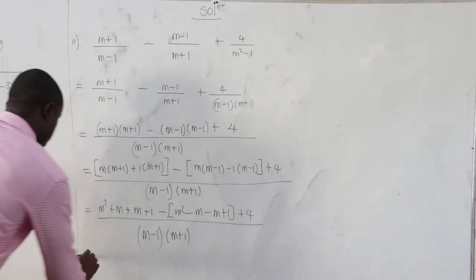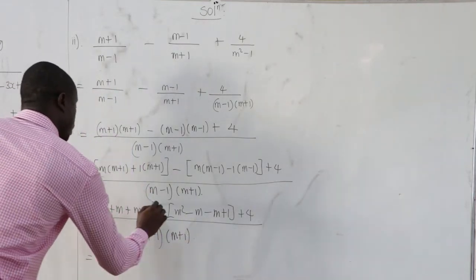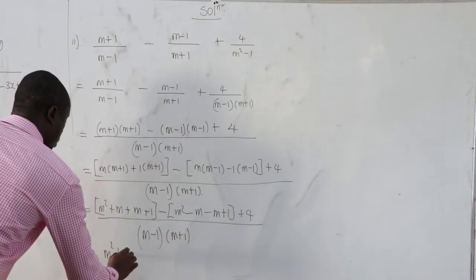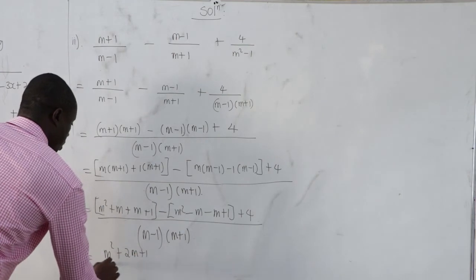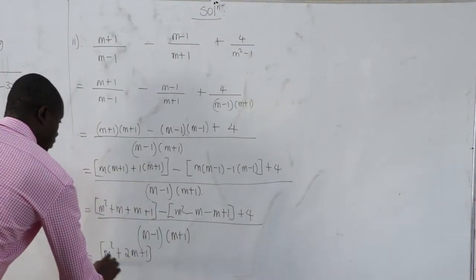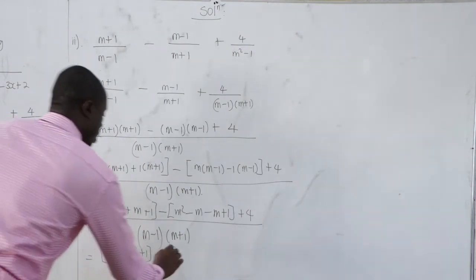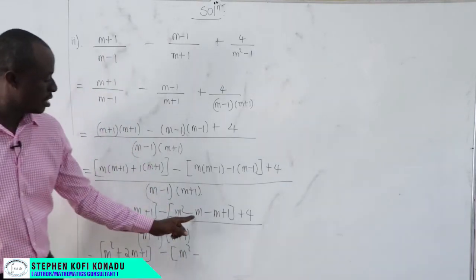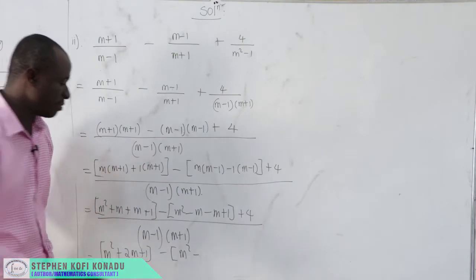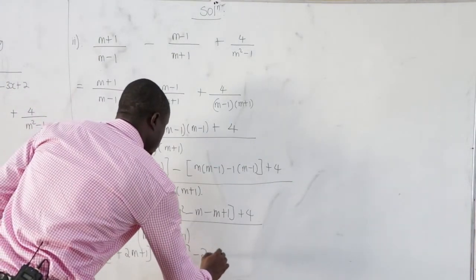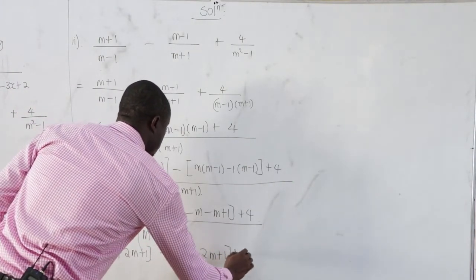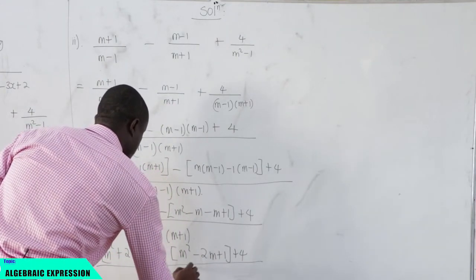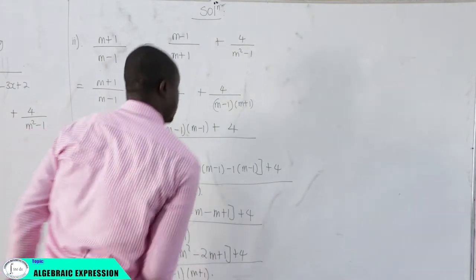Now simplifying, m plus m, that's 2m. So we have m squared plus 2m plus 1, minus, and this we have m squared minus 2m. Why minus 2m? Negative 1 times negative m, negative m. That's negative 2m plus 1 plus 4 all over m minus 1, m plus 1.